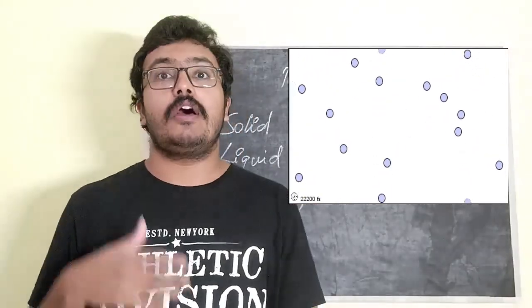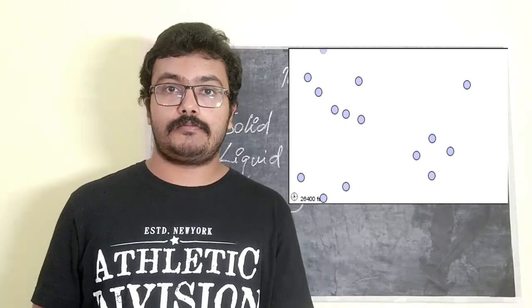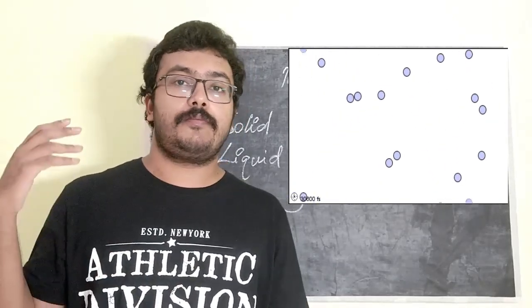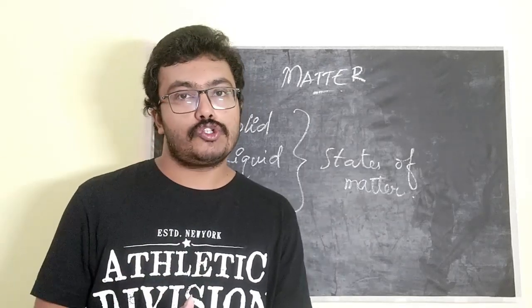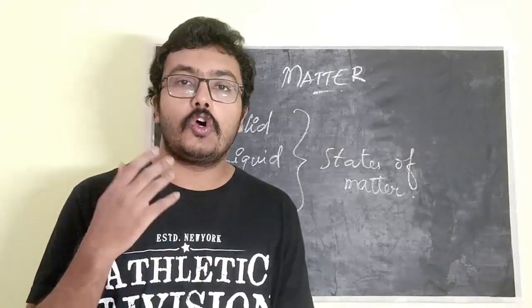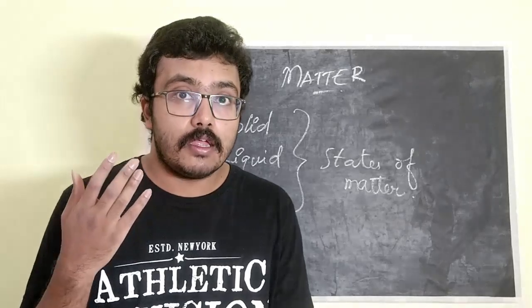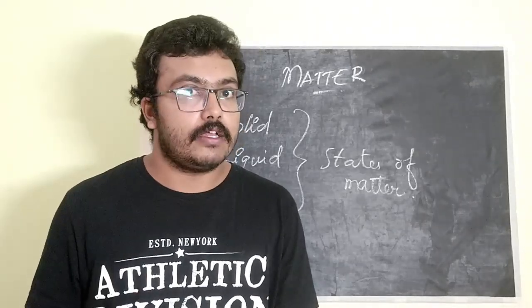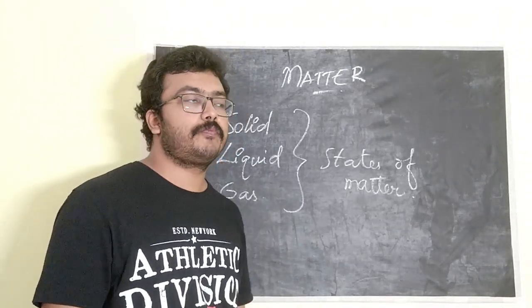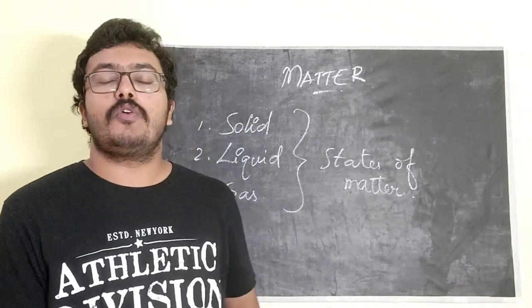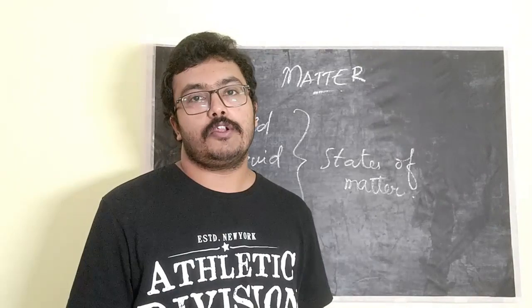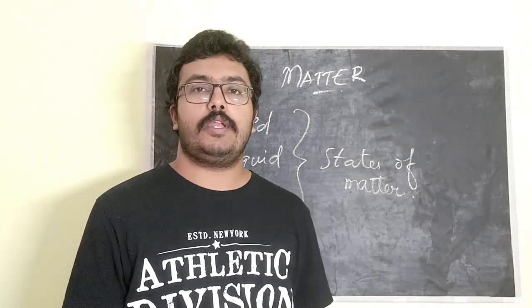So gases are least rigid and the molecules move freely. They also take up the shape of the container they are put into. All they have is the freedom to move around when compared to solid and liquid.